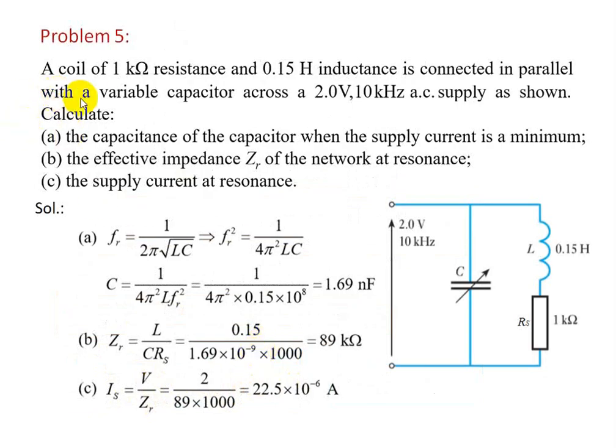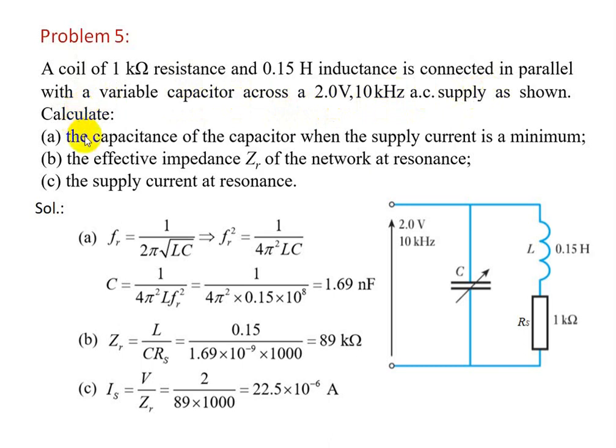Next problem. A coil of 1 kilo ohm resistance and 0.15 Henry inductance is connected in parallel with a capacitor across a 2 volts, 10 kilohertz AC supply as shown in the figure.